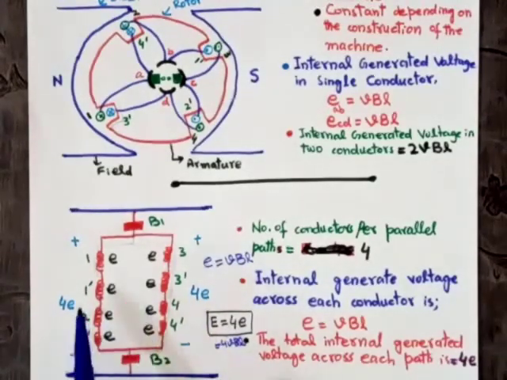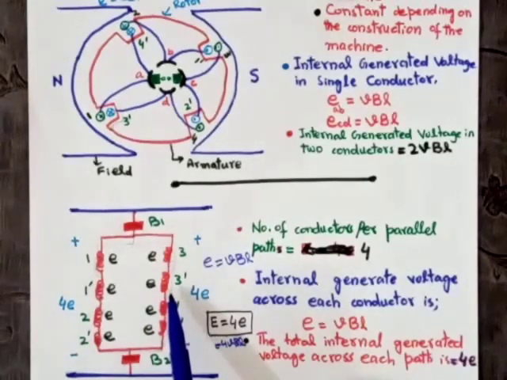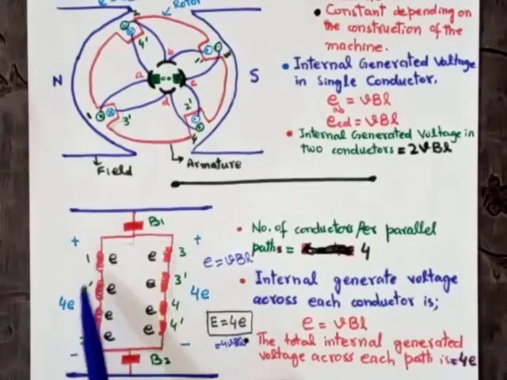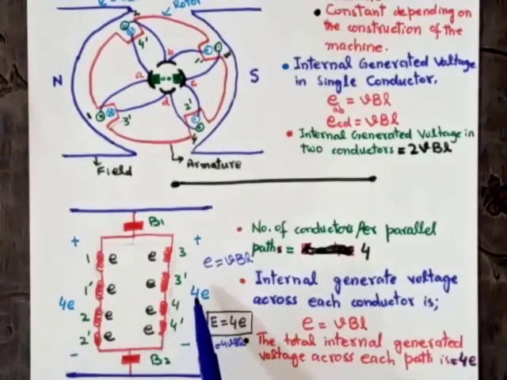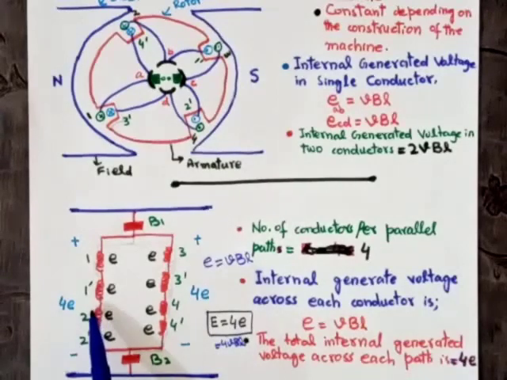As we know, in case of parallel, the voltage remains the same. Here the number of parallel paths is 2. Across path 1 the voltage is 4E, and across path 2 the voltage is 4E as well.